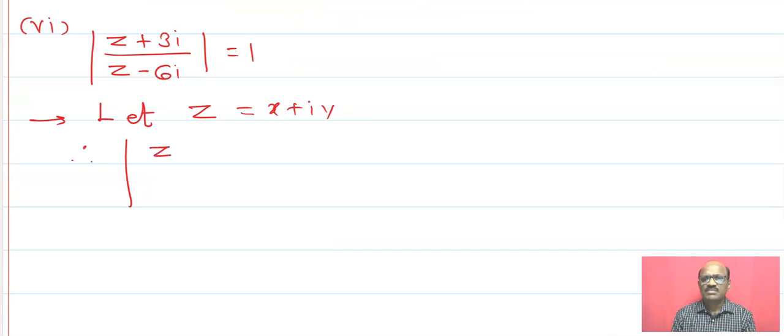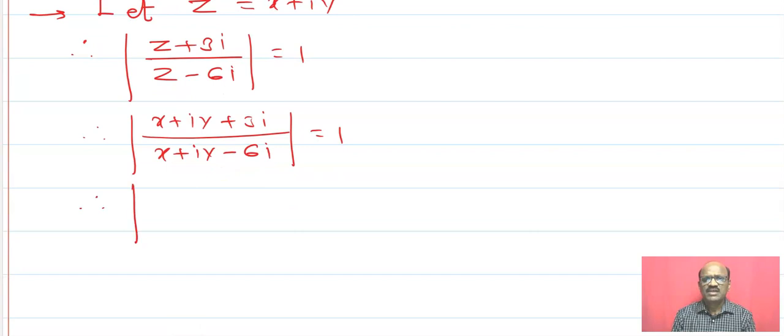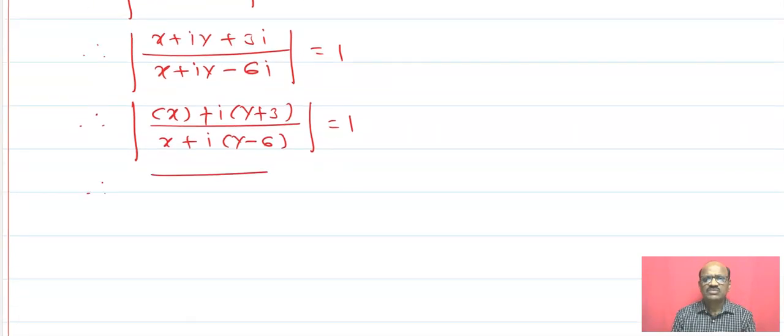Now mod of z plus 3i upon z minus 6i is equal to 1. z is equal to x plus iy. Again, this is a very easy question. It is written in this manner: x plus iy plus 3i upon x plus iy minus 6i is equal to 1. Therefore, x plus i in bracket y plus 3 upon x plus i in bracket y minus 6 is equal to 1.